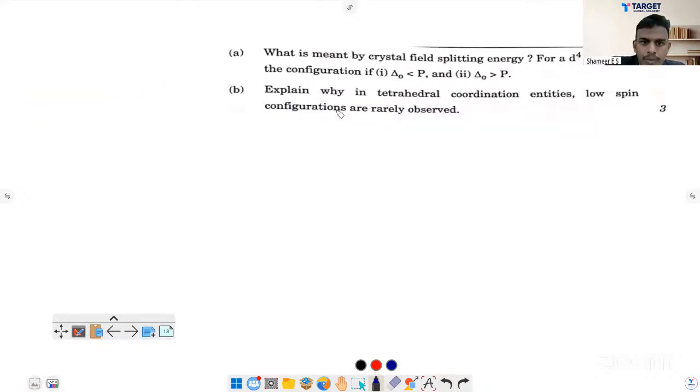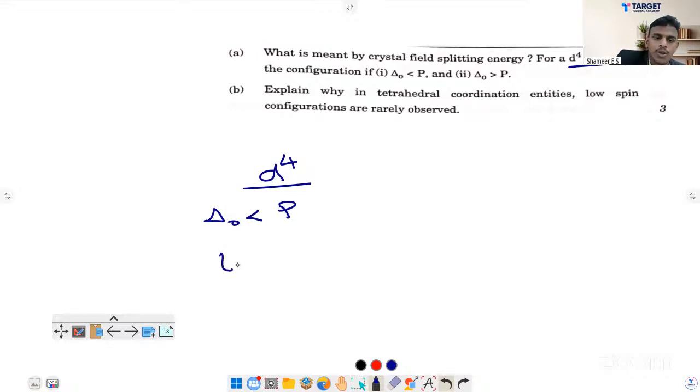Next question. What is meant by crystal field splitting energy? Coordination compounds: crystal field splitting energy is the energy difference between the t2g and eg orbitals. For a d4 ion, write its configuration. If delta O is less than P, pairing will not happen.